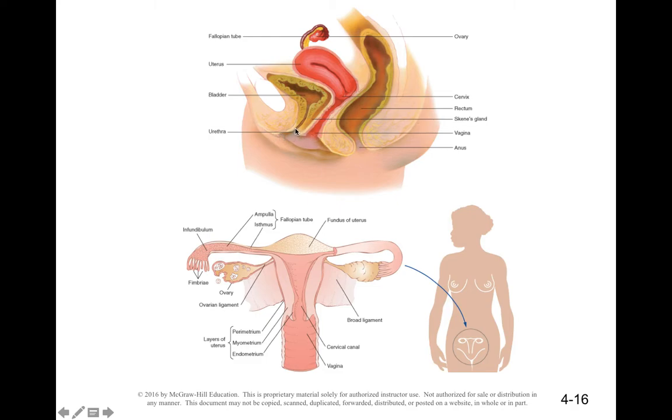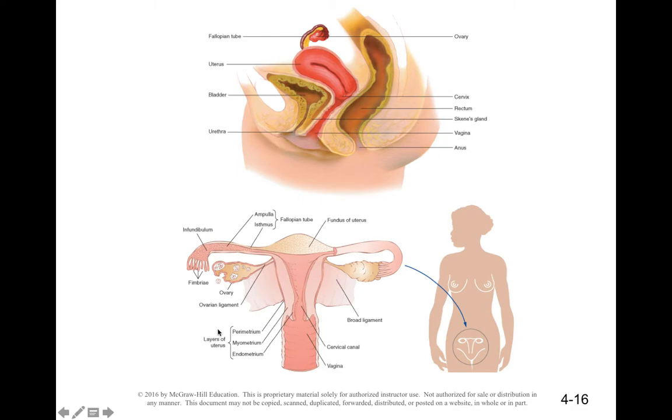So when you put the important medical instrument into the urethra, you want to make sure that you put it between the clitoris and the vaginal entrance, the introitus.